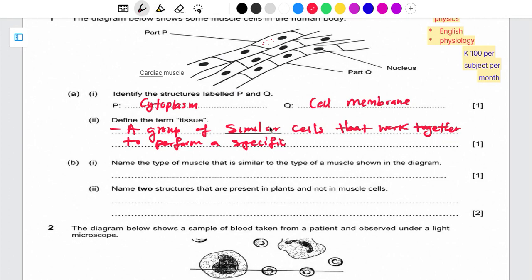The other cells which have a similar structure to that of the cardiac muscle are the skeletal muscles, because skeletal muscles also have striation like the way this one is looking. So you can say skeletal muscles. Cardiac muscles and skeletal muscles share similar structures in terms of striation.